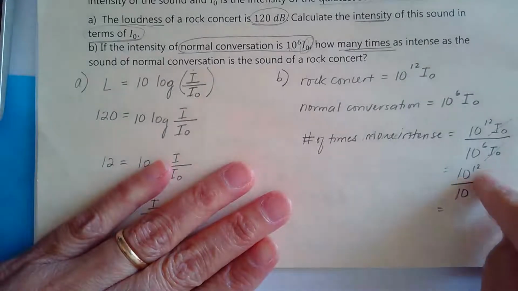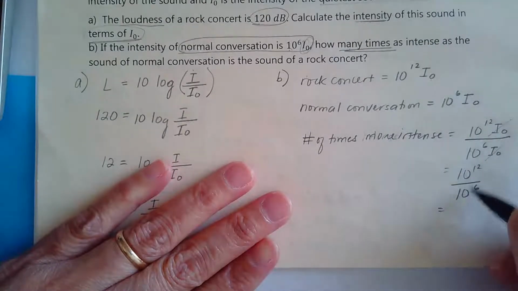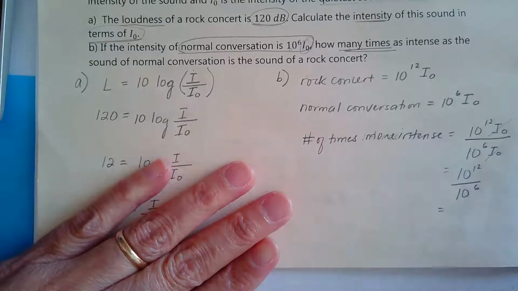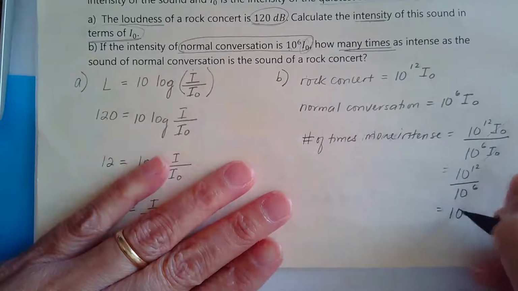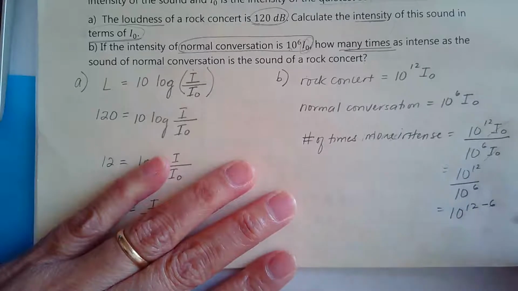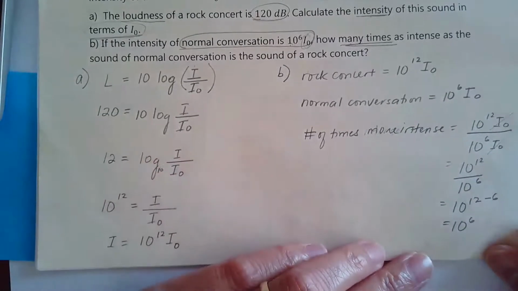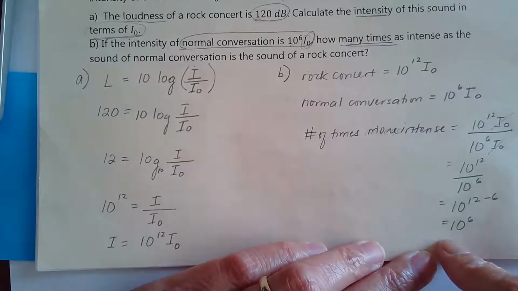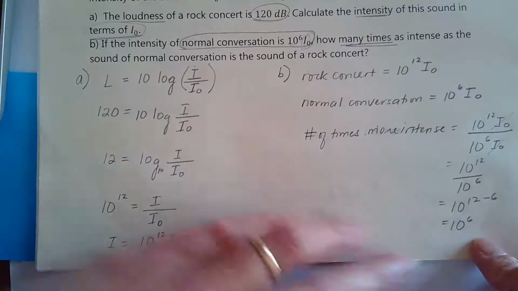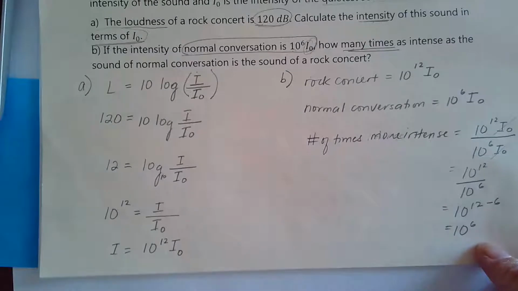Remembering that they have the same base, we can use our exponent laws here. It becomes 10 to the 12 minus 6, so that's 10 to the 6th. So there's a million times more intense.